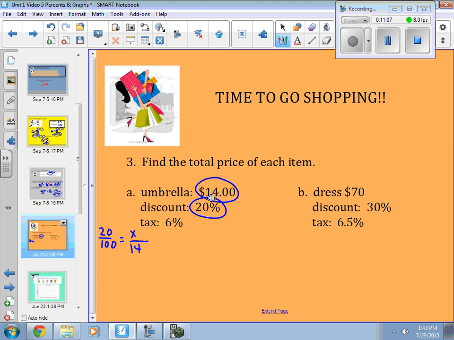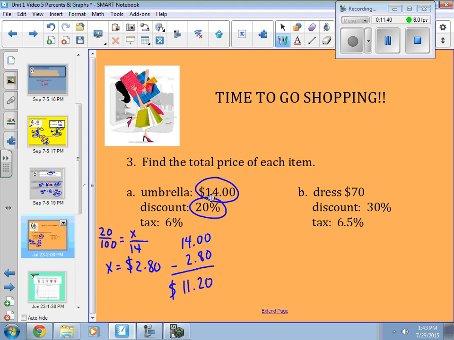So if we cross multiply and divide, that's going to come out to be $2.80. So that's the discounted amount. Now we want to figure out what we are going to pay for this umbrella. So what we would have to do here is a little subtraction. Let's take $14 minus $2.80 and see what the new cost is. And if we subtract that, the new price is going to be $11.20.